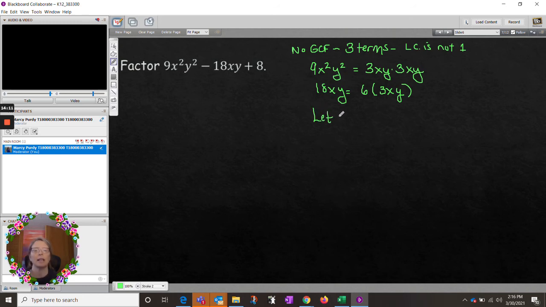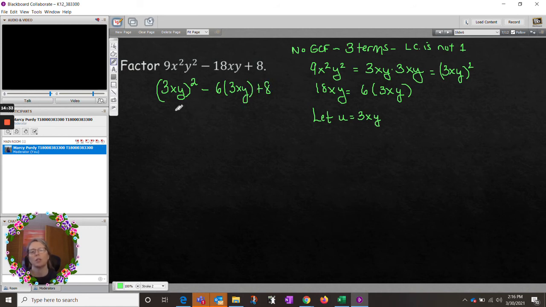So we let u equal 3xy, and we rewrite this problem as 3xy squared, which I didn't do that here, so let me show you, minus 6 times 3xy plus 8. So we're going to replace the 3xy with u.